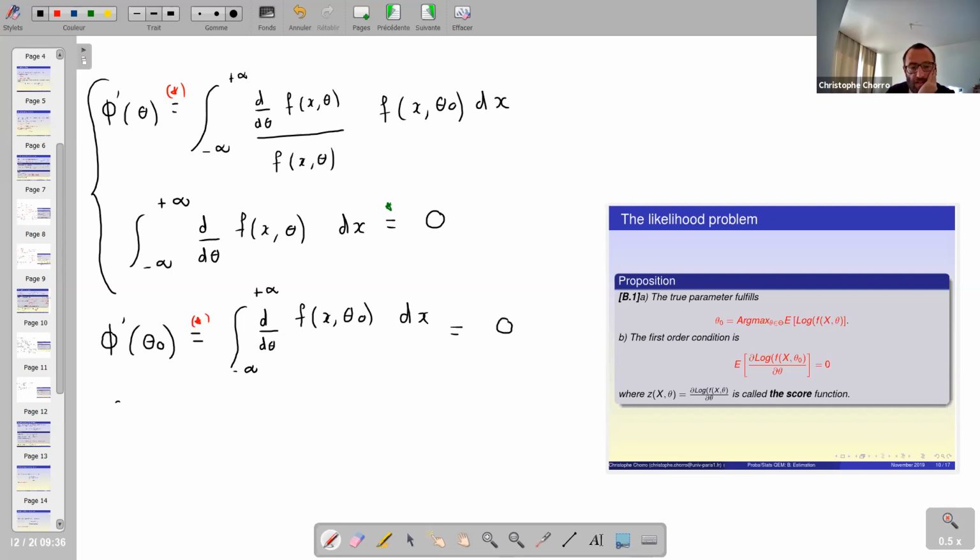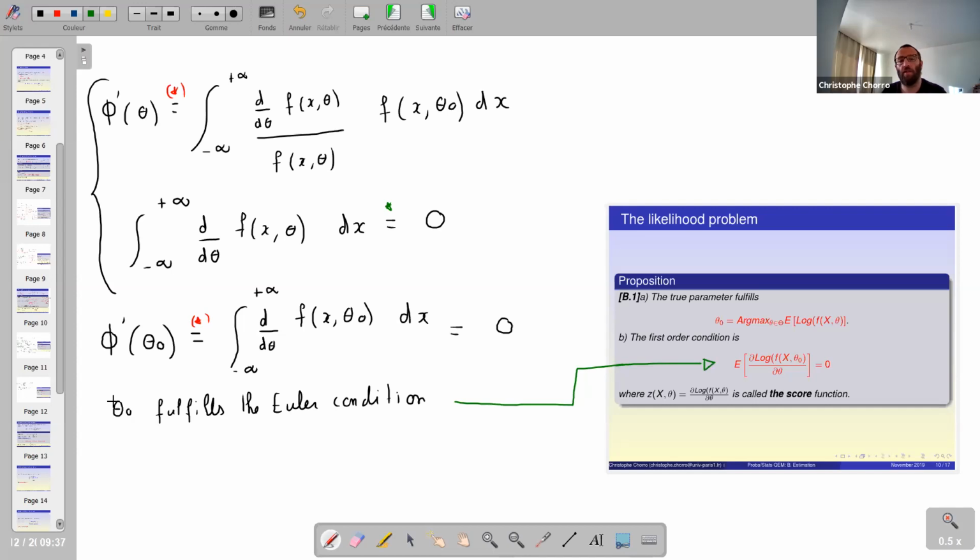And I can say that theta 0 fulfills the Euler condition. In fact, what I have written here is exactly this one.